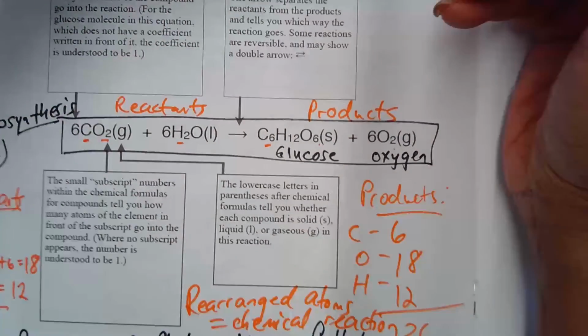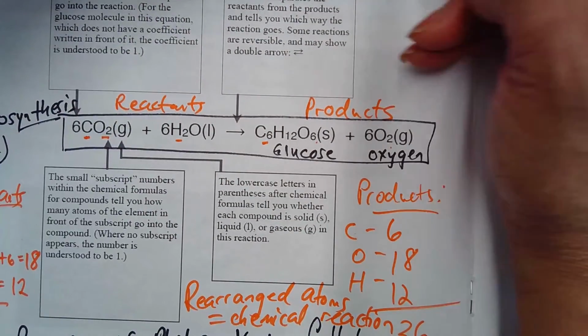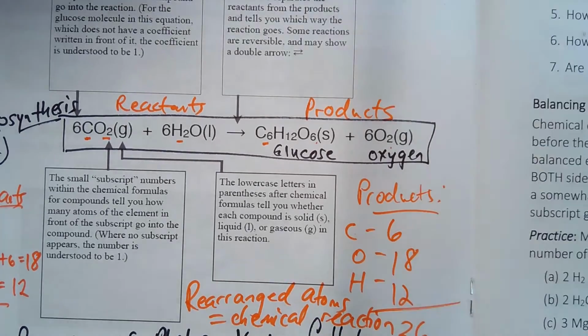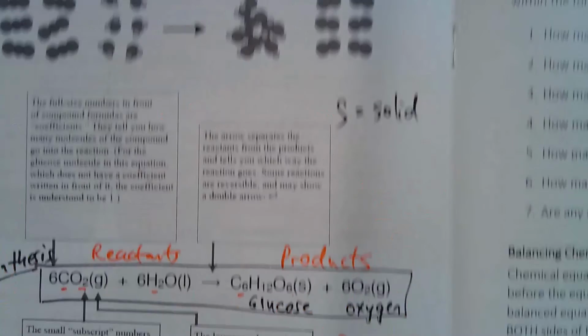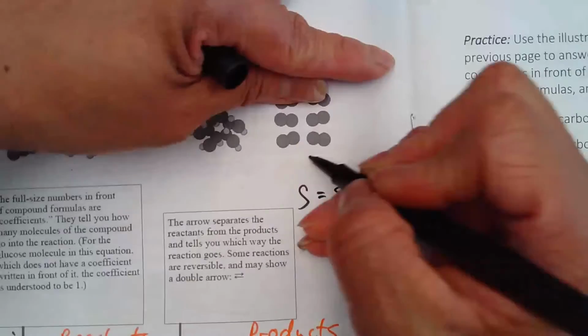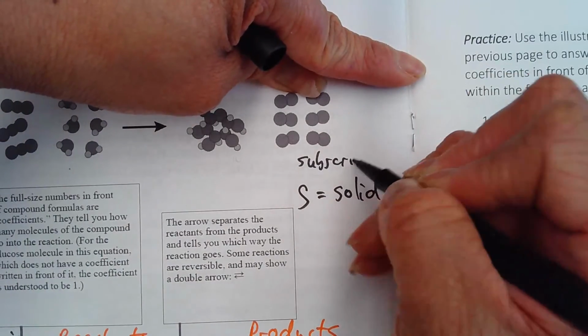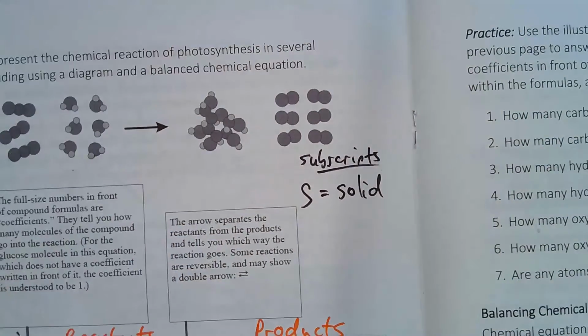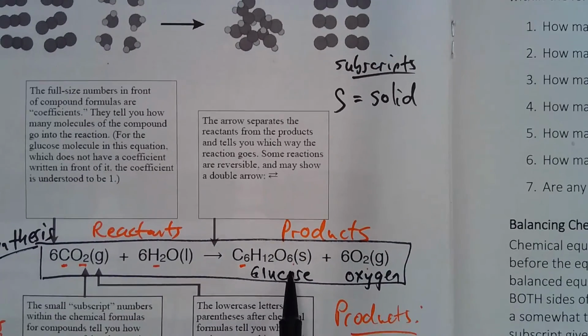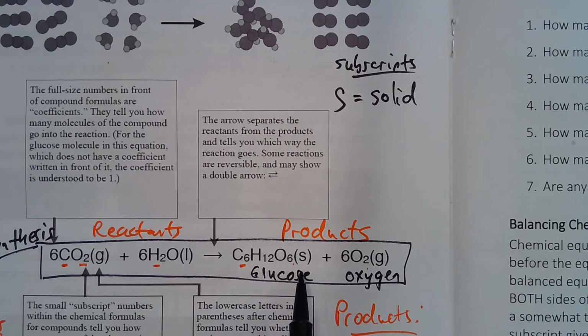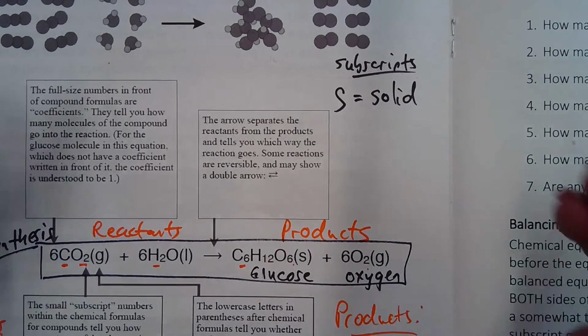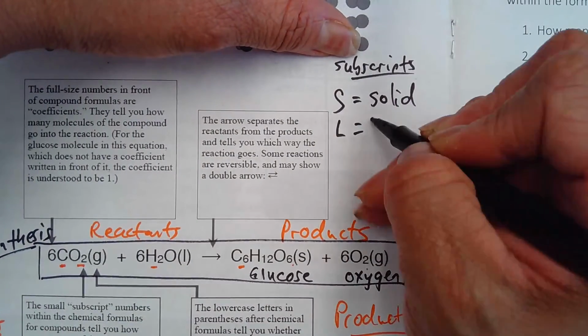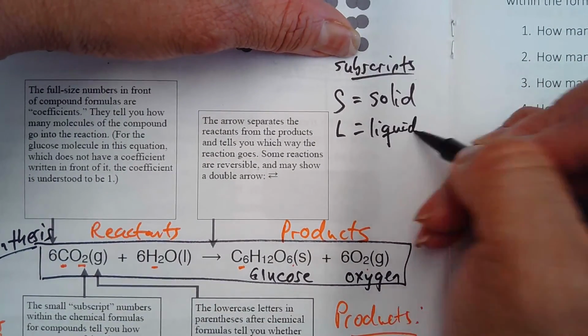Okay, so this is basically a designation. I was going to actually talk about that next. That's good. These are called subscripts, right? You have subscripts that are numbers, but you also have subscripts in terms of letters. So the S means it's solid, and L is liquid, that means it just melted.